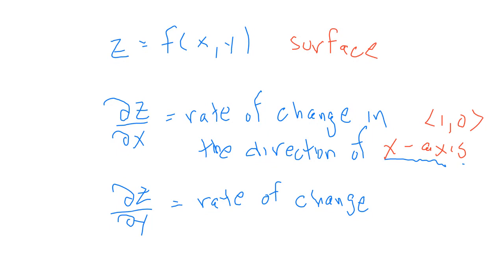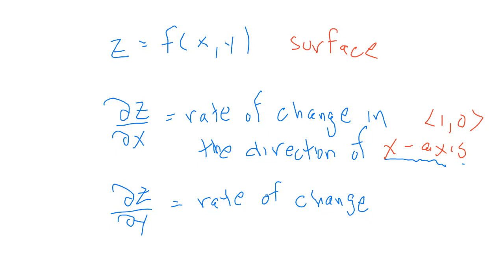So the partial derivative of z with respect to x is the rate of change of the surface as we move along the surface in the direction of the x-axis.